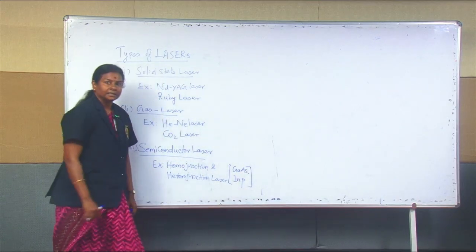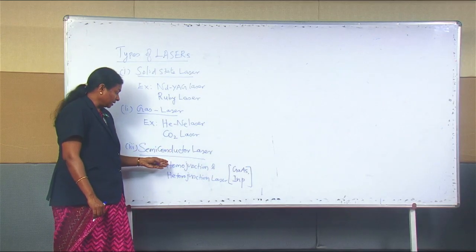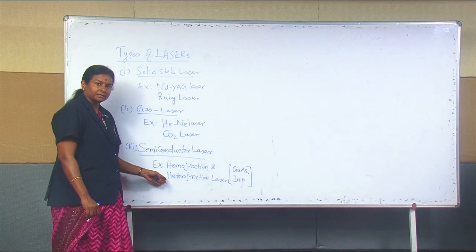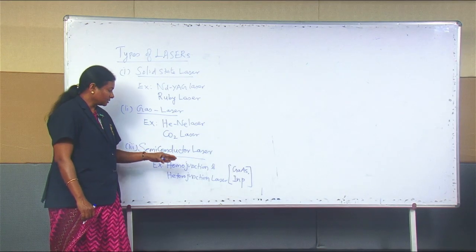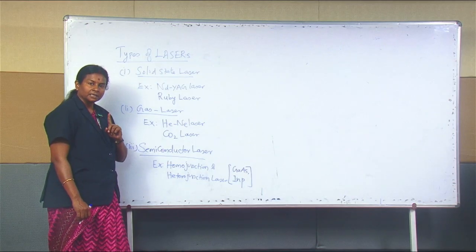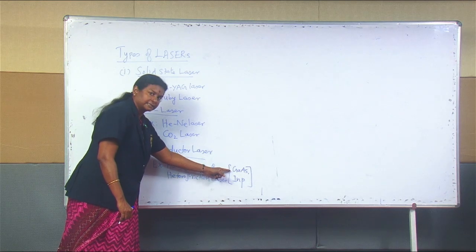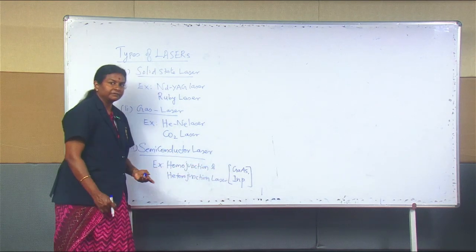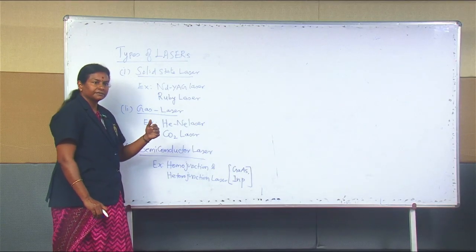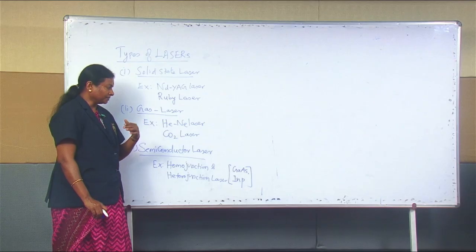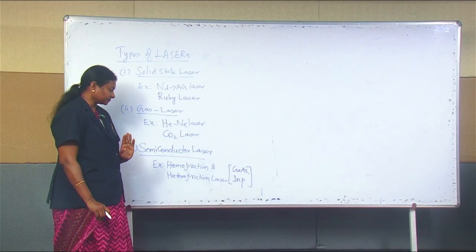So these are all the direct band gap semiconductors that can be made into homojunction and heterojunction in terms of their construction process. Okay. So here we are going to have a single junction made with the help of gallium arsenide or indium phosphide. Okay. So heterojunction means different layers are made in the case of our heterojunction laser.